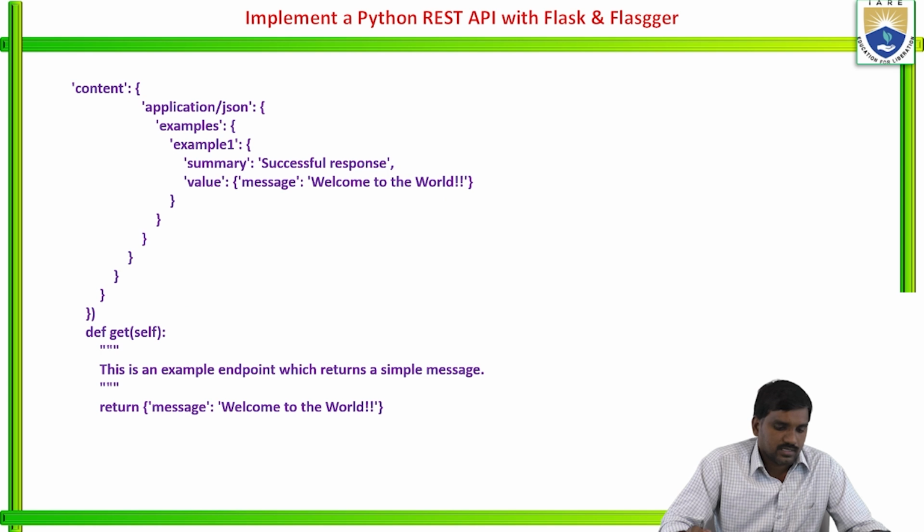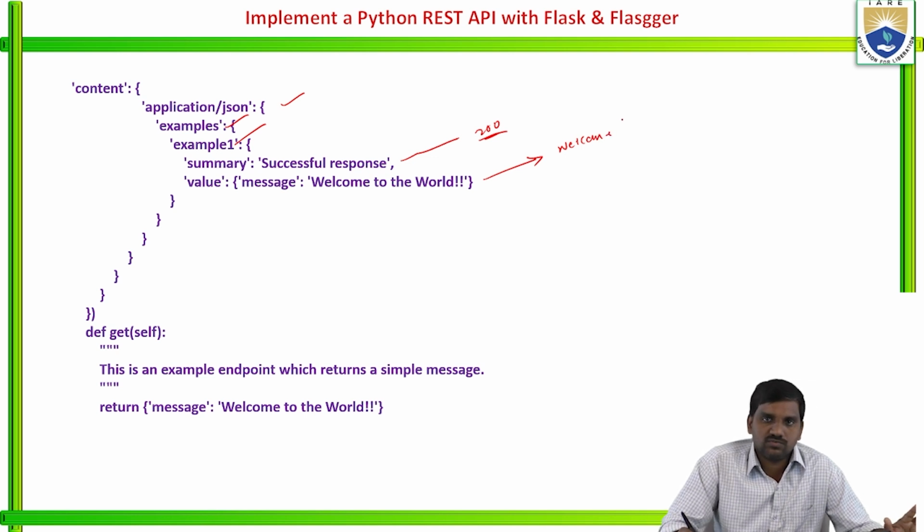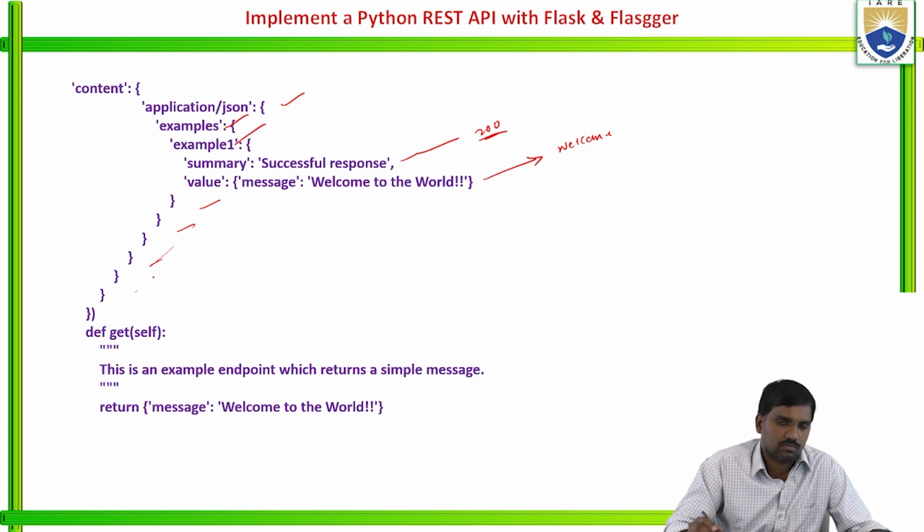Next, the content. It will describe whatever the output will respond. So here the content is application/json, example 1, example 2, the summary is successful response, that is the 200 code. This is just the output: welcome to the world, whatever we type. You can close the curly brackets.